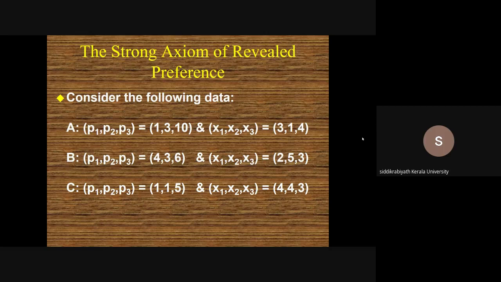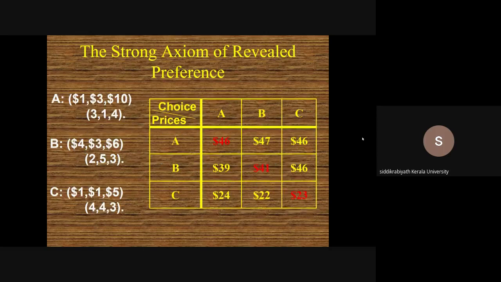Then there is B, which says 4, 3, 6 for the same commodities x1, x2, x3, and the result is 2, 5, 3. Then you have another set of prices which is 1, 1, 5, which gives the combination 4, 4, 3. Suppose that is the case, then you have a matrix like this.